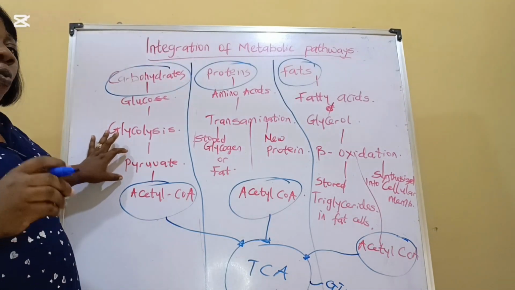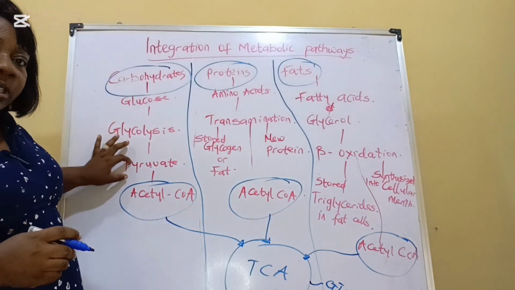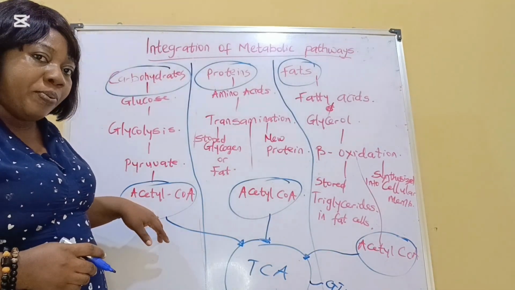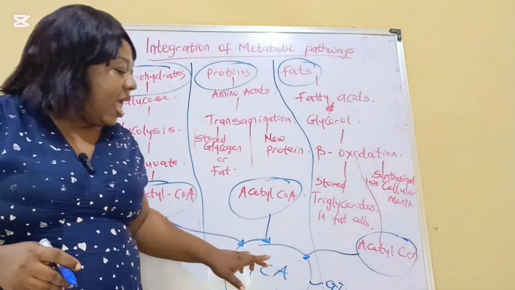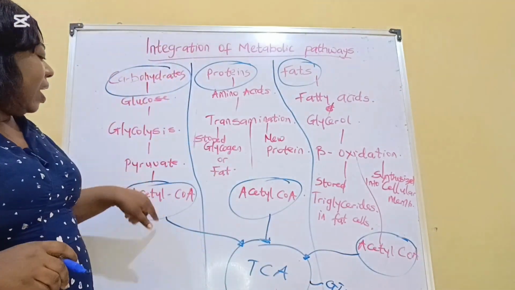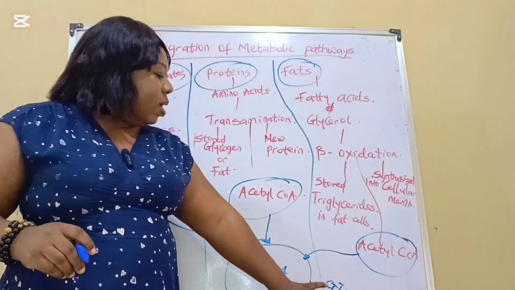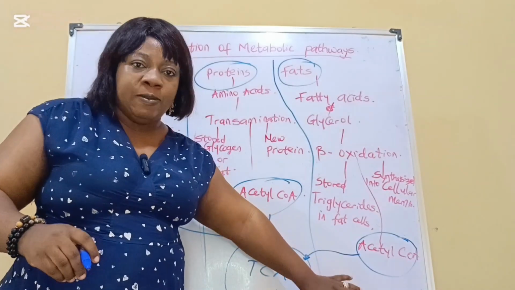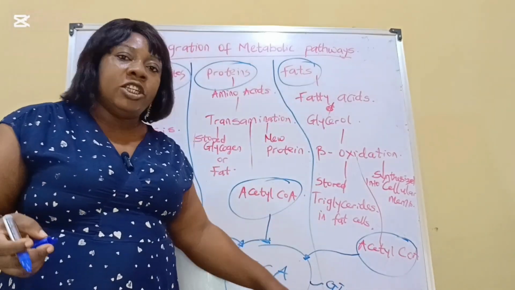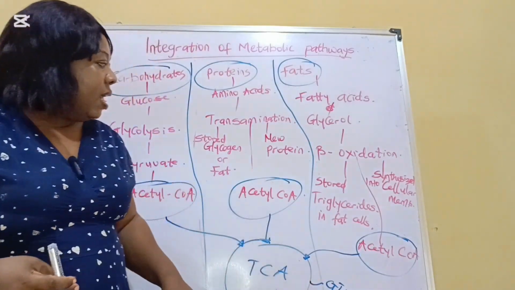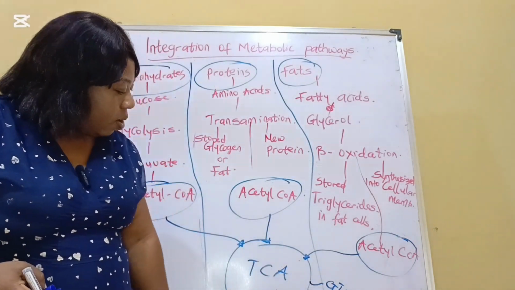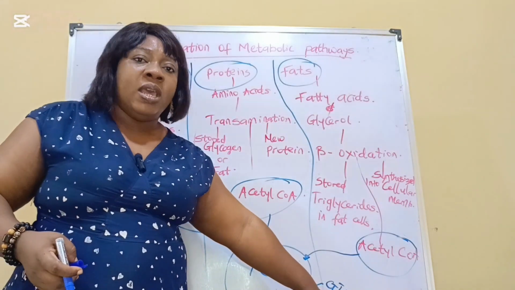So definitely, we'll be having 2 molecules of acetyl CoA produced here. When one enters and completes the cycle, we have 1 molecule of GTP. Then the second one also enters, and we have another molecule of GTP, and that is how we get energy from there.